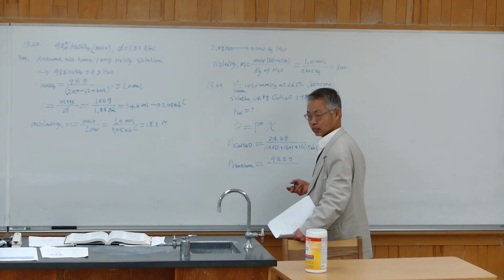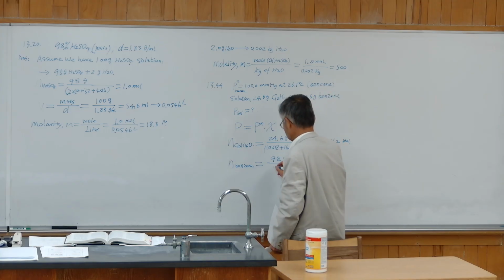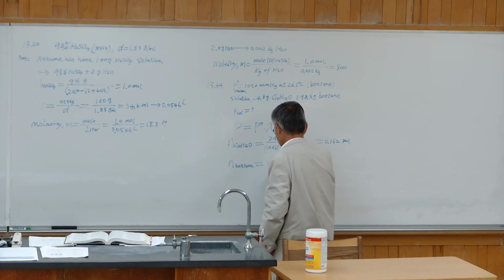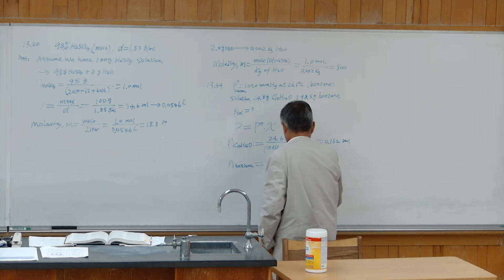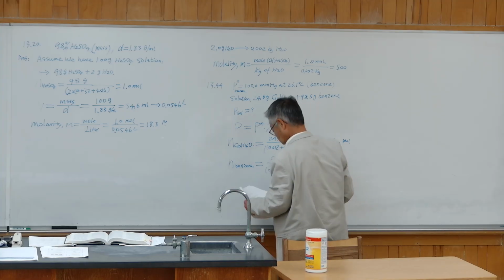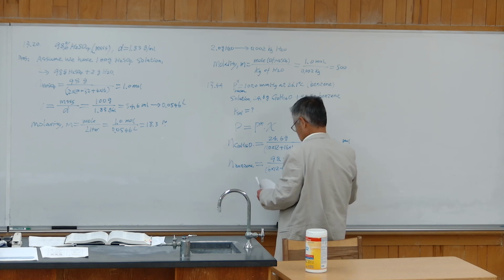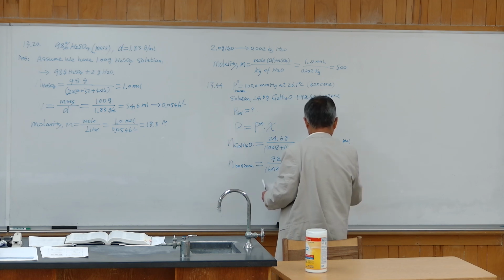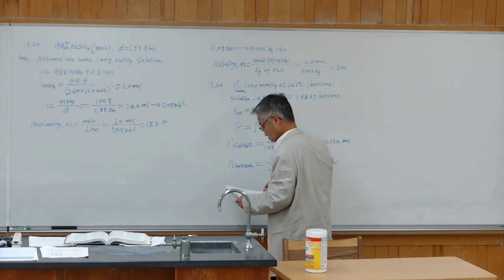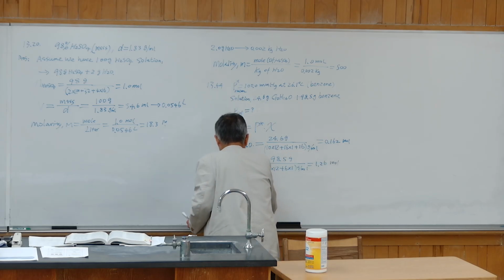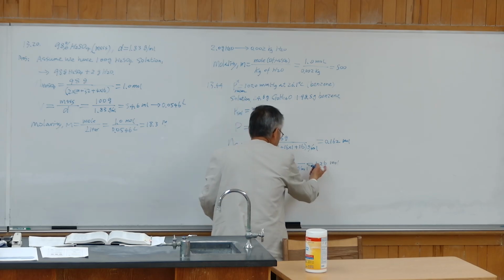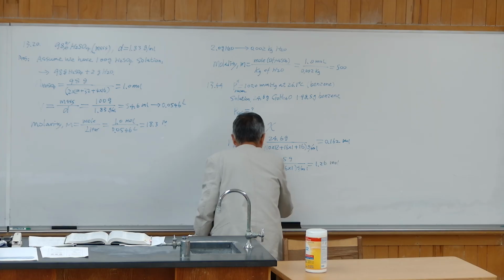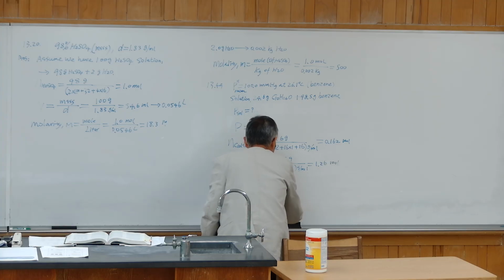So C6H6, each carbon is 12, each hydrogen is 1, so total is 78. This will be 1.26 mole. Then the mole fraction will be moles of solvent, 1.26, divided by total moles, 1.26 plus 0.162.